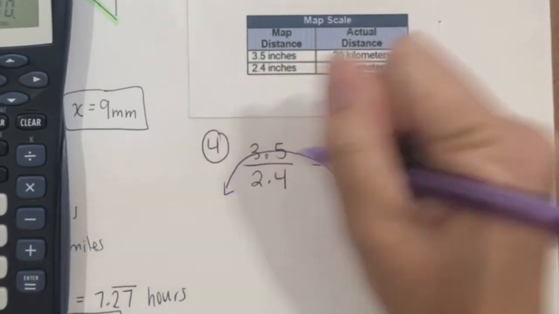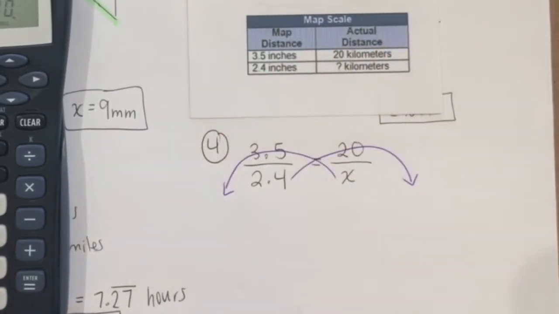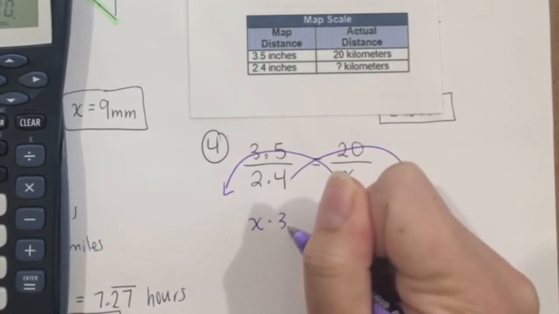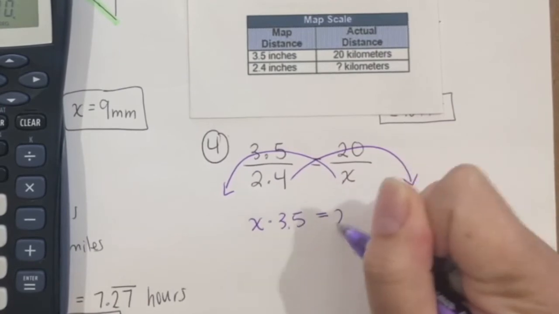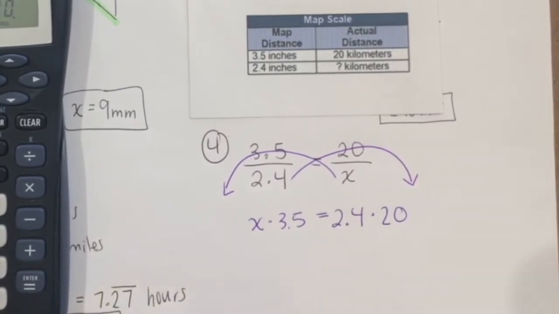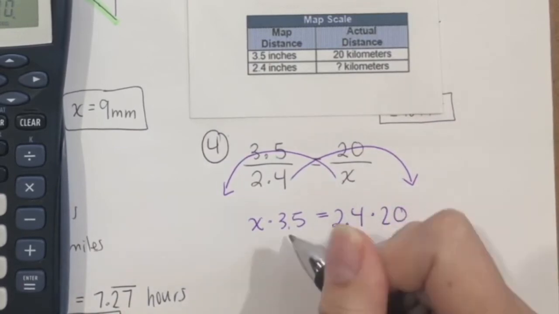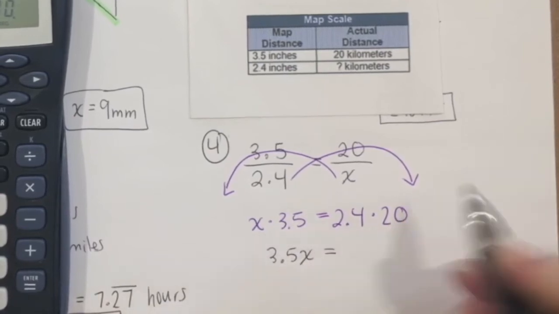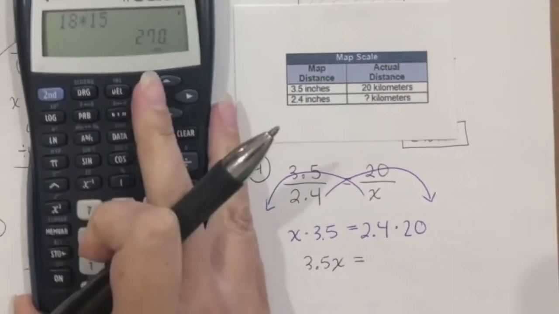Let's cross multiply, and we'll have x times 3.5 is equal to 2.4 times 20. We'll rewrite this: 3.5x is equal to 2.4 times 20.